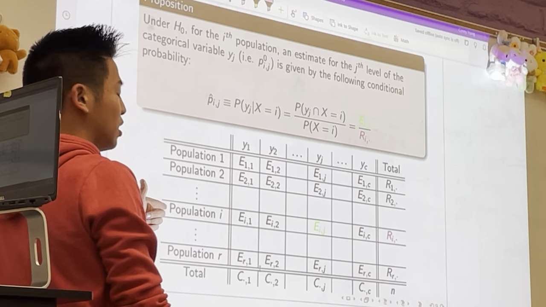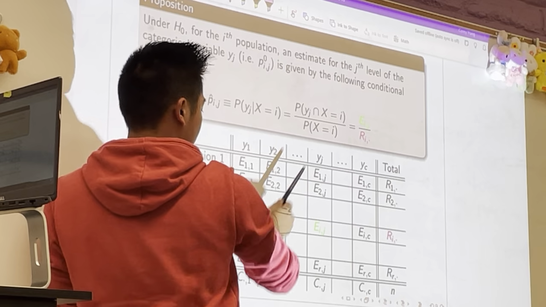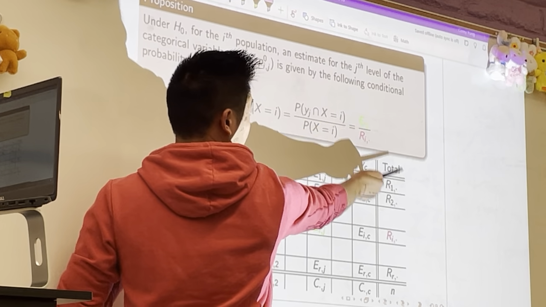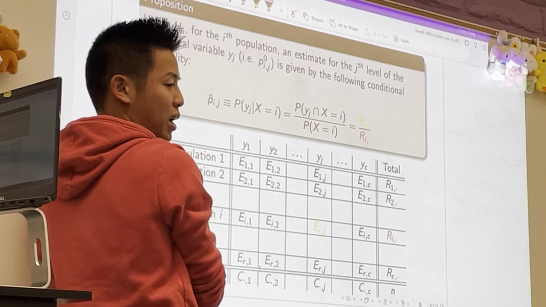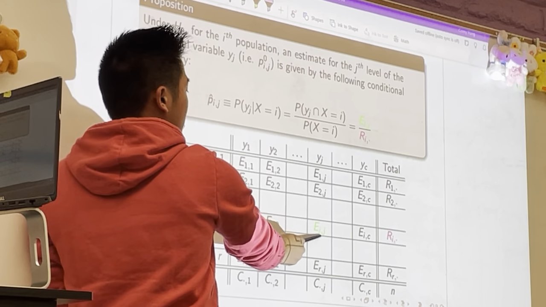So if I isolate the population where x equals i, what is the probability of being in this cell? Based on conditional probability, it's the probability of the intersection of the jth level and this population, which is the expected value E_{ij}, divided by the probability of the condition, the population i, which, taking expected counts, is just a ratio to however many observations fall into this population.